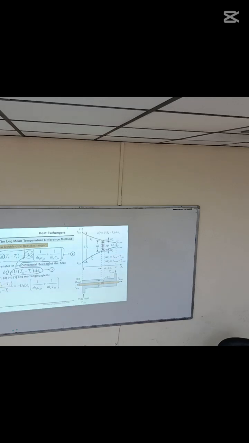Here is the differential change of hot and cold fluid, and here is the differential change of surface area. Surface area is changing from initial to final. Hot fluid is changing from THI to THO, and cold fluid is changing from TCI to TCO.